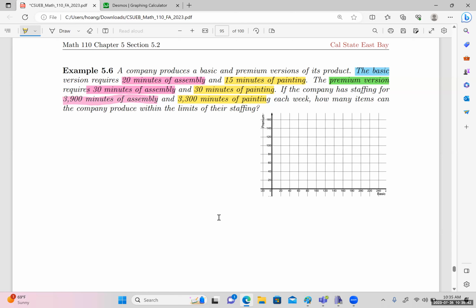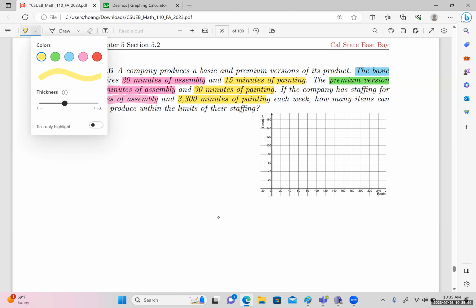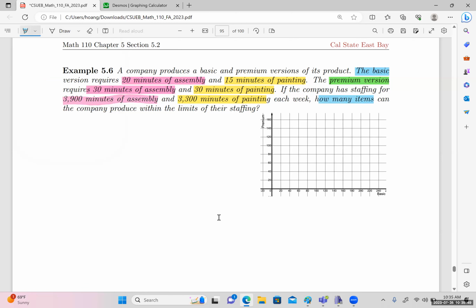How many items? The question here is, how many items can the company produce within the limit of their staffing?